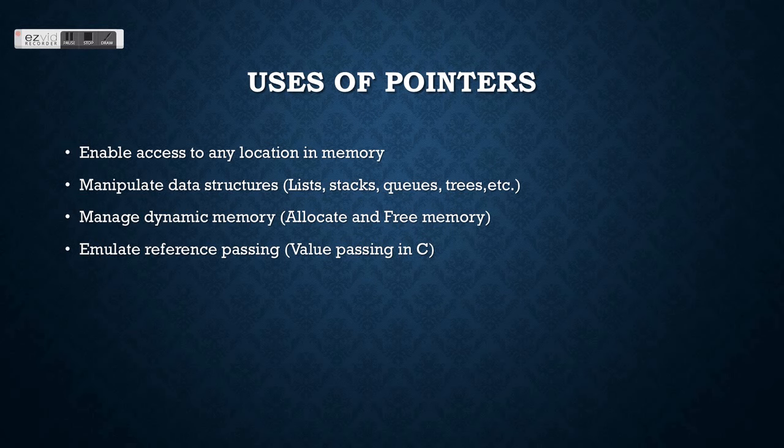And we can also free memory, which means we can empty unused addresses of memory. This is to avoid memory leaks, which is when you completely fill your memory with useless addresses, useless data, and make your computer crash. We can also emulate reference passing.